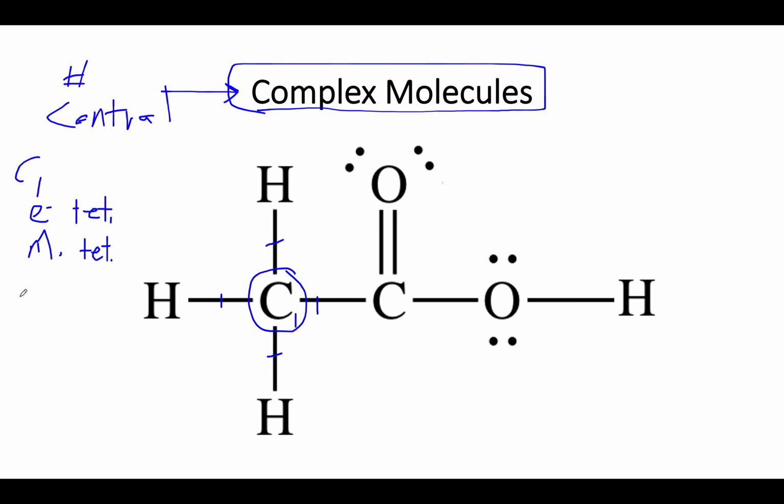So this is carbon 1. Now let's take a look at carbon 2. This is a different shape, but this is 1 electron region, 2 electron regions, 3 electron regions. This is carbon 2. So 3 electron regions is trigonal planar. So again, I'm trying to emphasize not just trigonal, because there's also trigonal pyramidal.